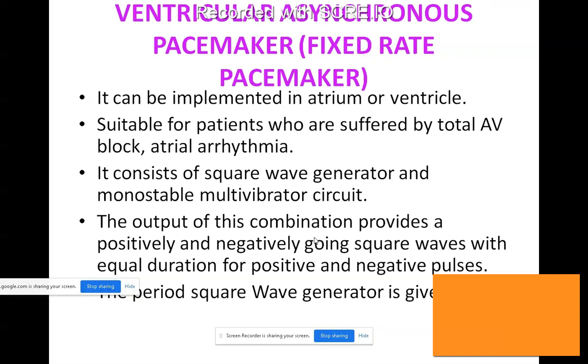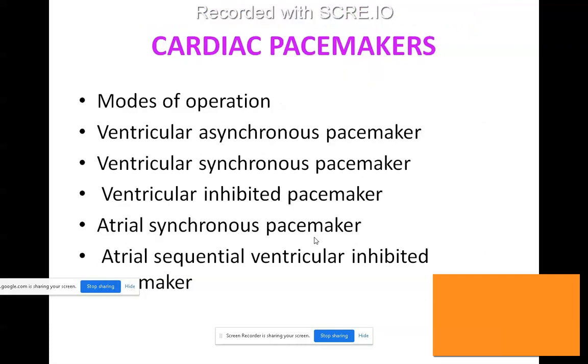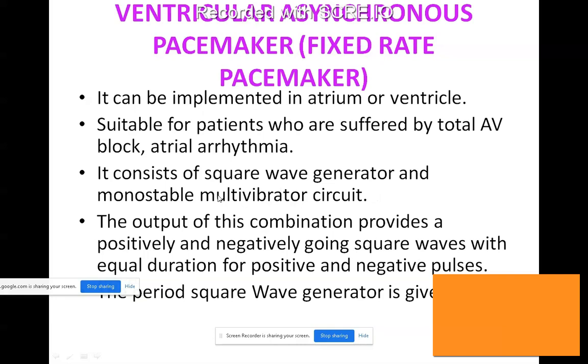Okay, so first we are going to see the ventricular asynchronous pacemaker. This is one of the modes. These are the modes of operation, and under the modes of operation these are the topics. The first one is the ventricular asynchronous pacemaker, which is a fixed rate pacemaker.